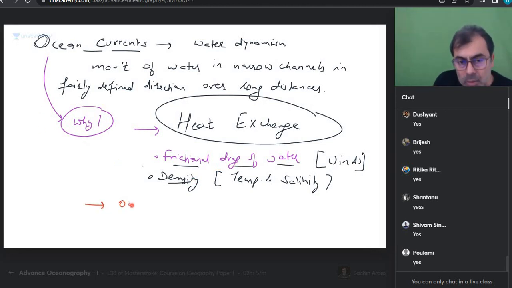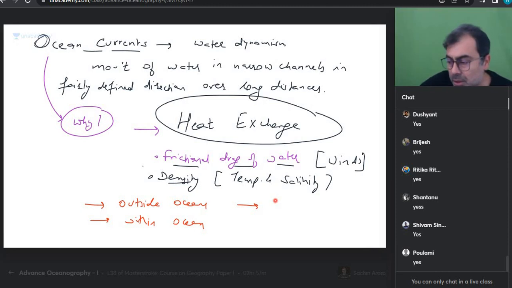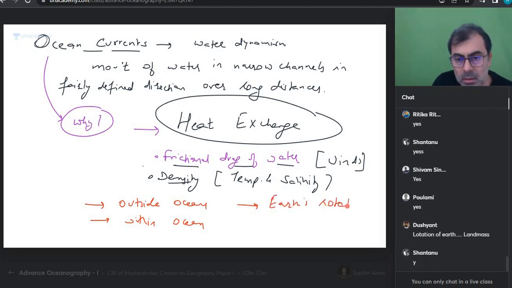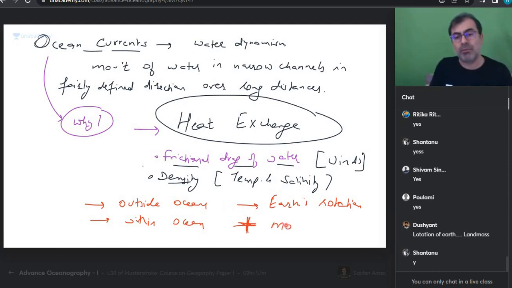There were factors outside the sea, outside oceans, factors within ocean, factors due to Earth's rotation. Remember? Earth's rotation. And there were factors. These are factors which are causing currents. These are modifying factors. Once currents are created, they are going to modify them.